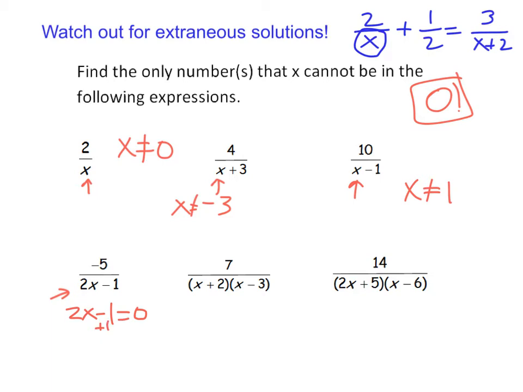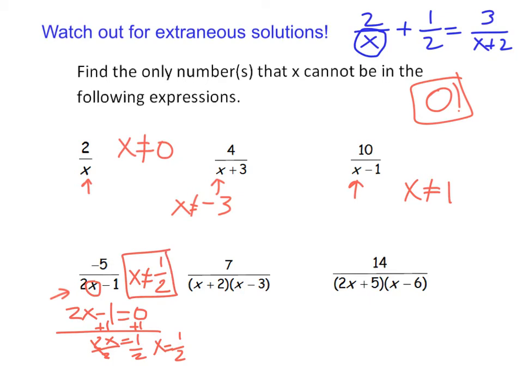If I add 1 to both sides, I get 2x equals 1, and if I divide that by 2, I get x equals 1/2. Okay? So the value of x that we cannot have for this denominator is 1/2. So x cannot equal 1/2 here.